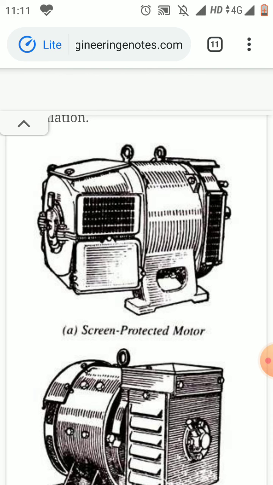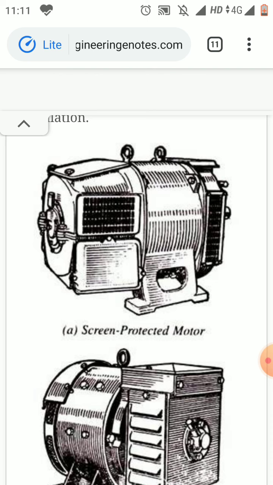In the chemical industries, if chemical fumes and vapors enter into the motors, they will spoil the motor windings. Same as in crushing and rolling mills, where if dirt and dust particles enter into the motor, they will cause damage to the motor windings.